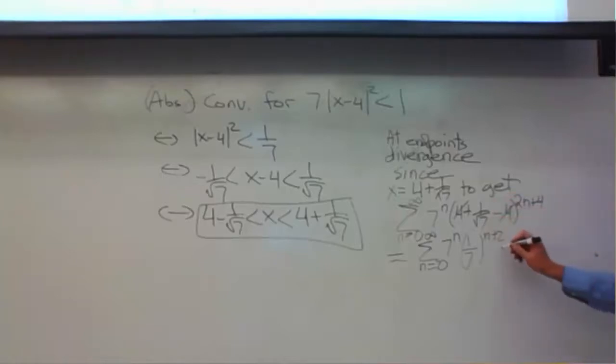And now this is a sum, n equals 0. And the 7 to the n and 1/7 to the n cancel. And you got the sum n equals 0 to infinity of 1/7 squared.